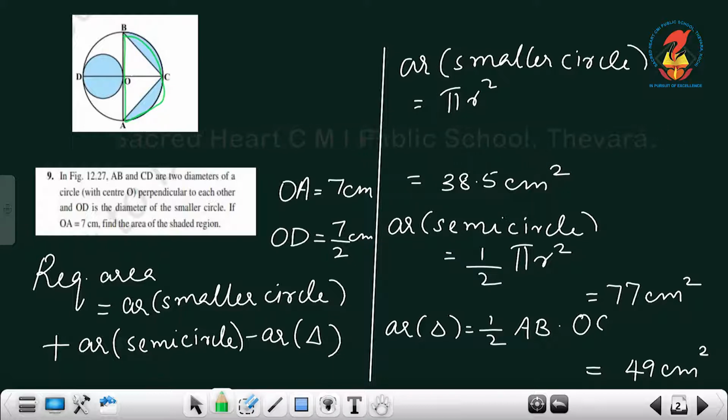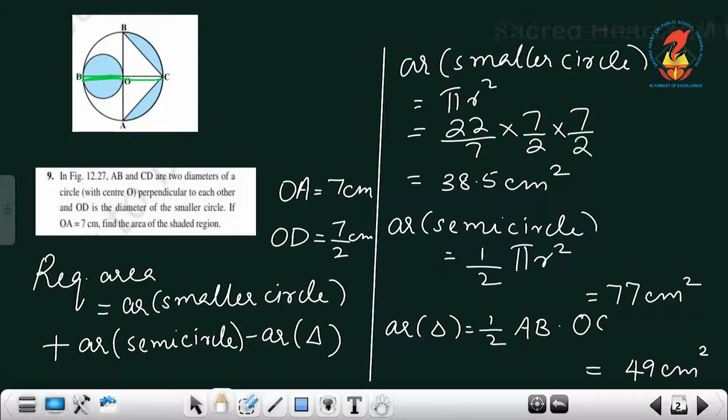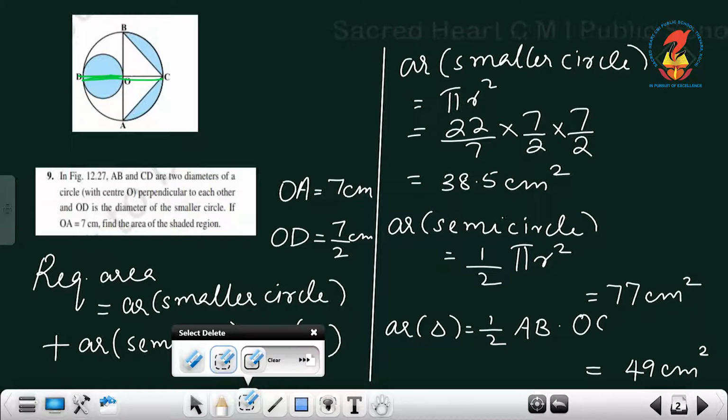So the area of the smaller circle, the formula is pi r square. What is r here? What is given?